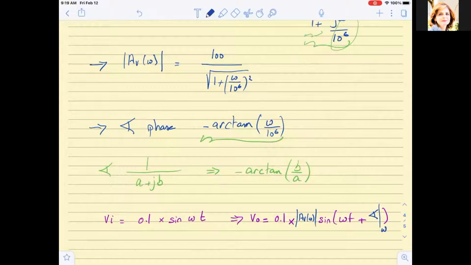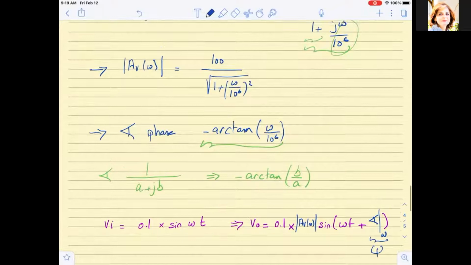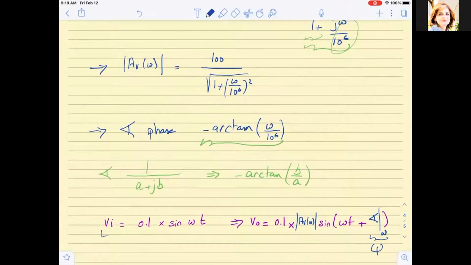So we'll have some angle phi added here. So if the input operates at a specific frequency omega, the output will be amplified depending on the magnitude of the gain at that frequency and the phase at that frequency.